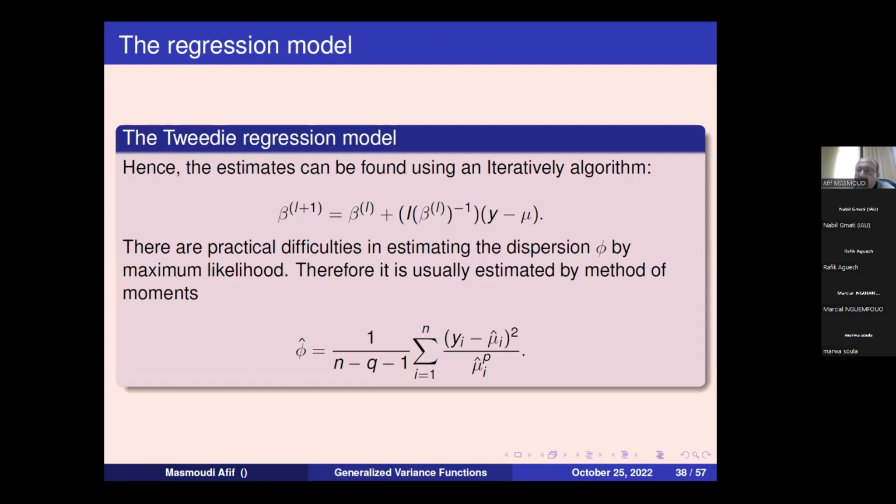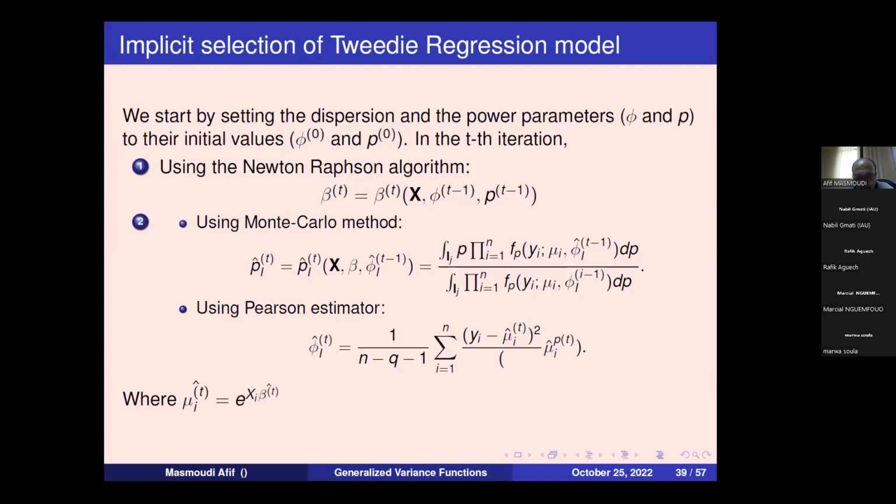And for the parameter P, we can't use the maximum likelihood approach nor the method of moments. So we use the Bayesian approach, which is the implicit approach. We start by setting the dispersion and the power parameter to their initial values.